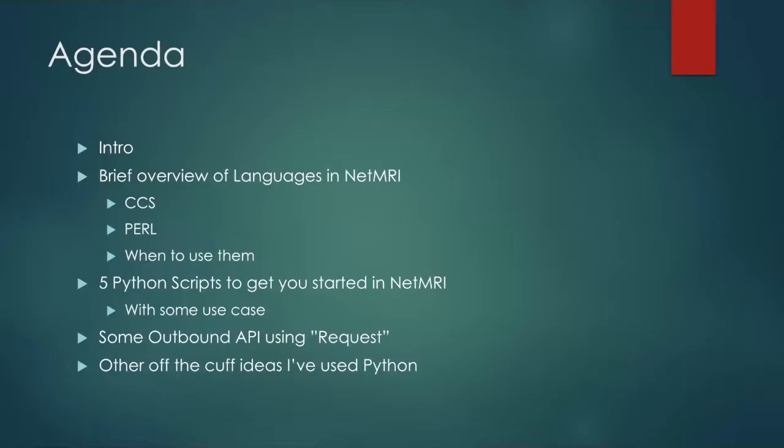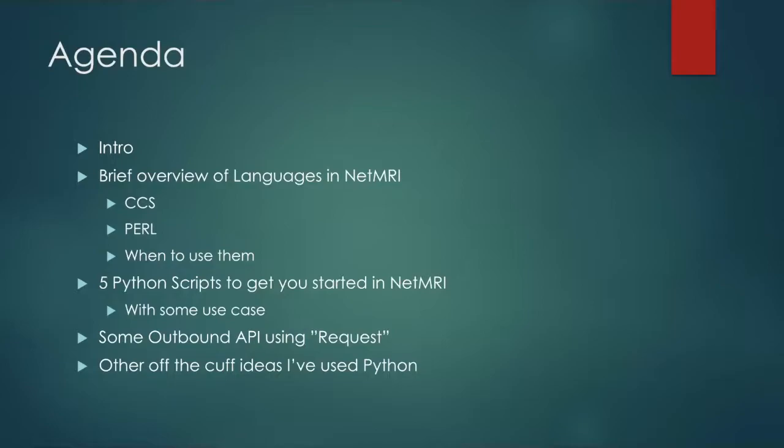I'm not a fan of Perl because Perl is a real coding language, and I'm more of a scripter. I still can use Perl, but my preference is Python because you can do anything in Python. There's a library for everything. Same thing in Perl, but Python's just a little easier to learn. So this is mostly for getting everyone introduced to Python, and then we'll go from there into some examples.